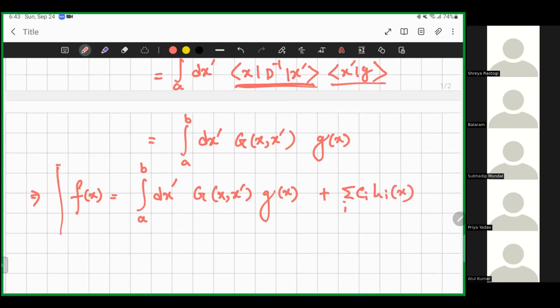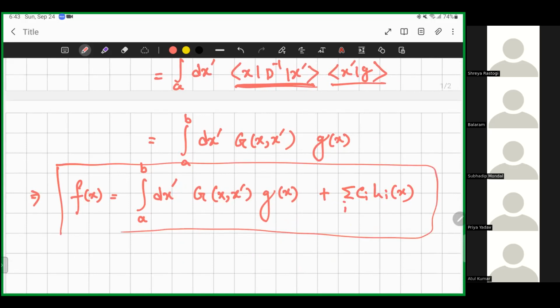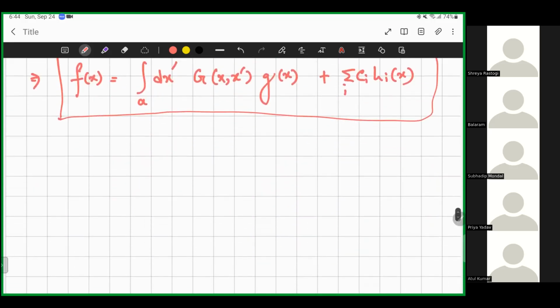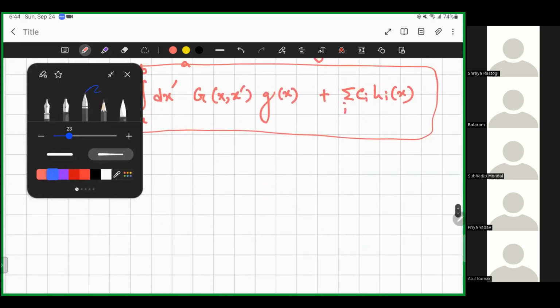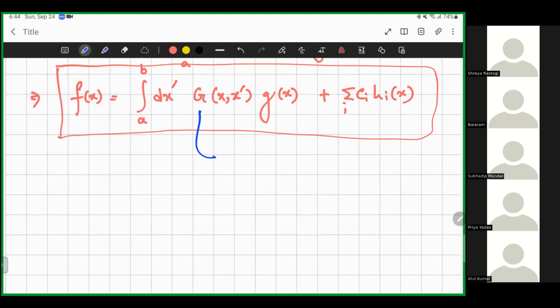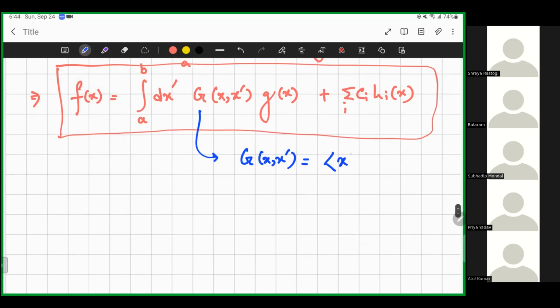So this is our form of f(x). So this is our Green function, which is defined as g(x, x') defined as <x| D^-1 |x'>. So this is the Green function.